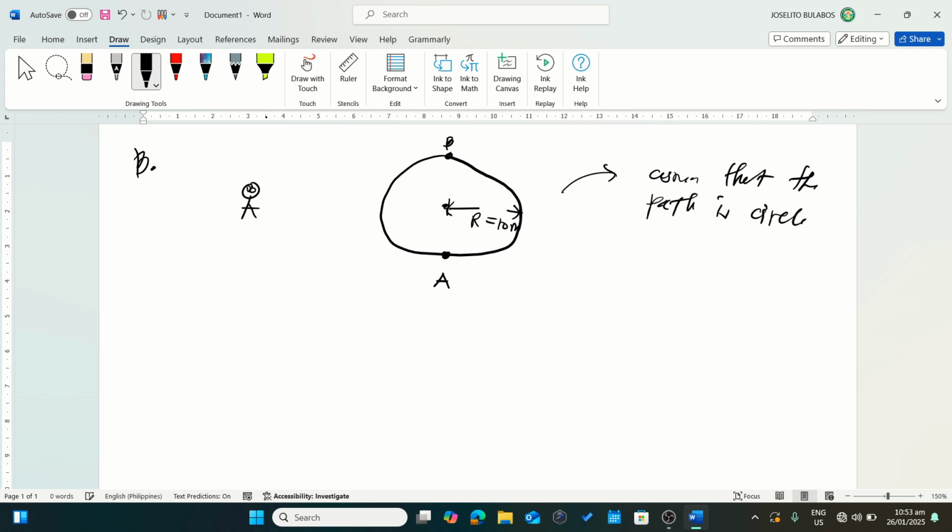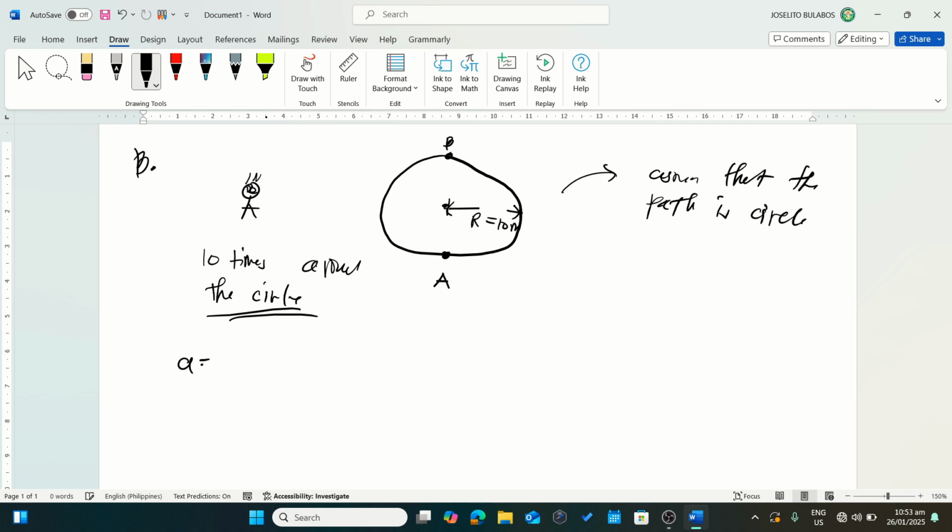So we still have the same person as earlier. Assume that this boy travels 10 times around the circle.